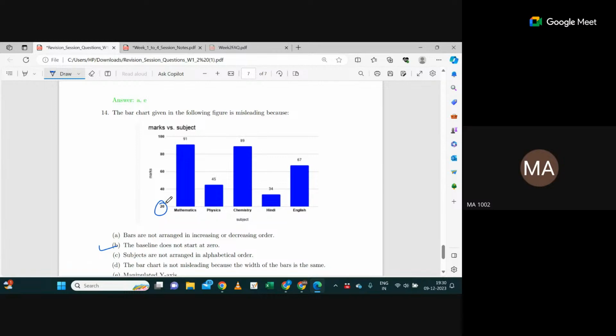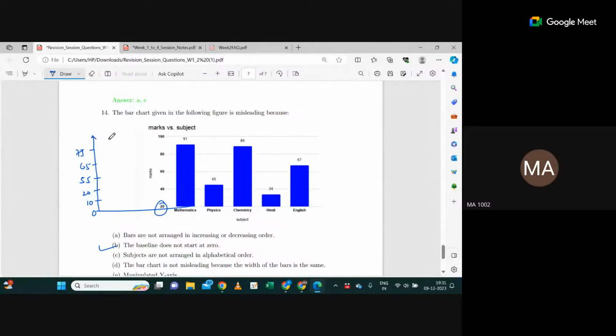What do you mean by a manipulated y-axis? Anybody? Can you tell me? It's starting at 30. No, I have done some manipulation on the y-axis, right? For example, just consider the same scenario, and I'm saying it starts from 0, then 10, then 20, and then 55, 65, 75.